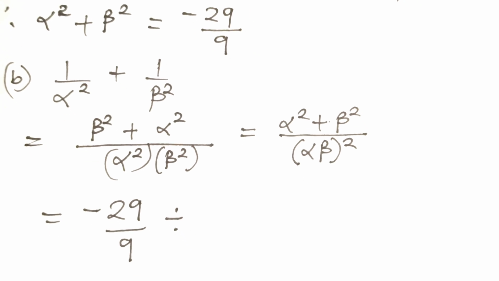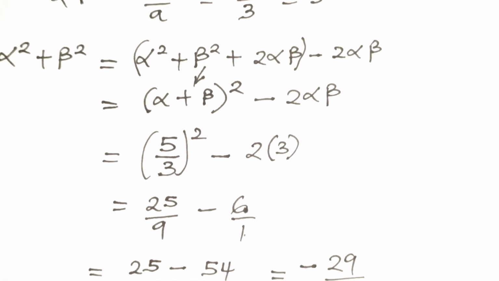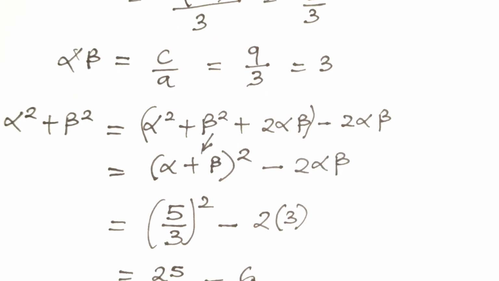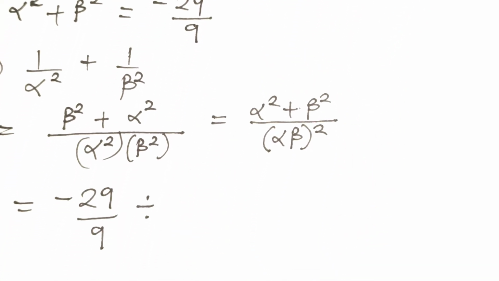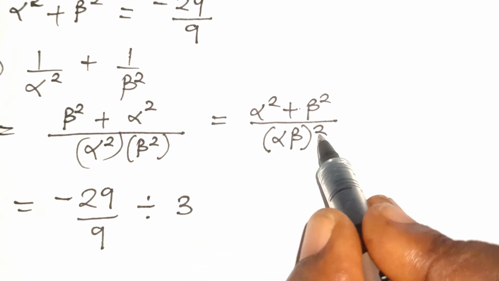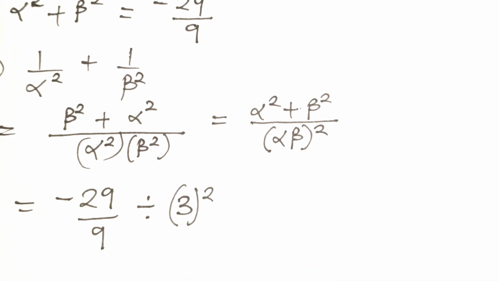alpha beta. The value of alpha beta is 3. Here we have alpha beta is equal to 3. So we'll substitute 3 into this place. We have 3 and there's a square on it. We square it.